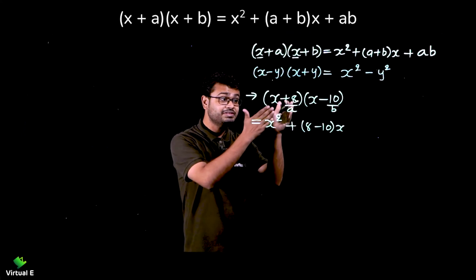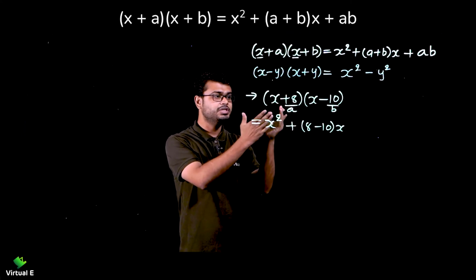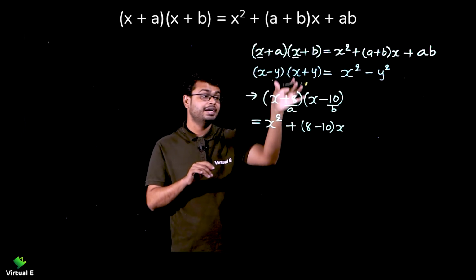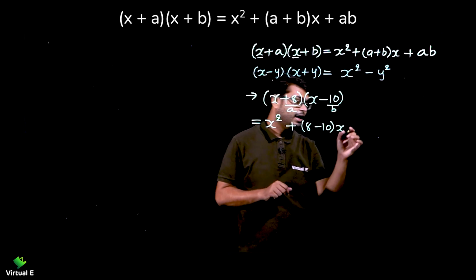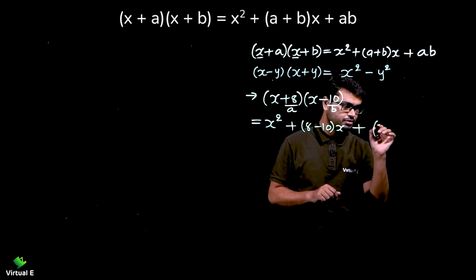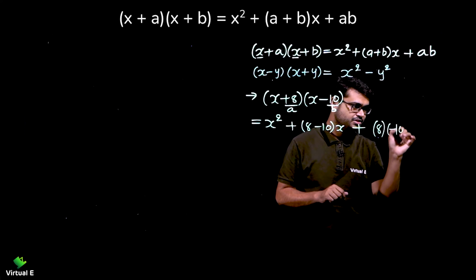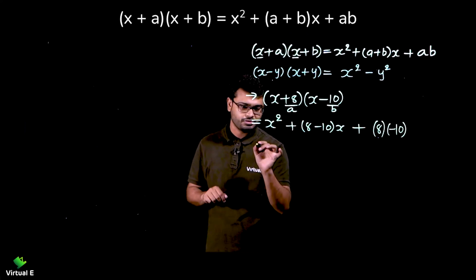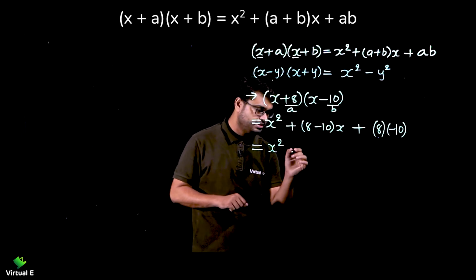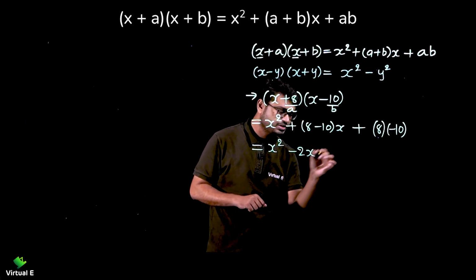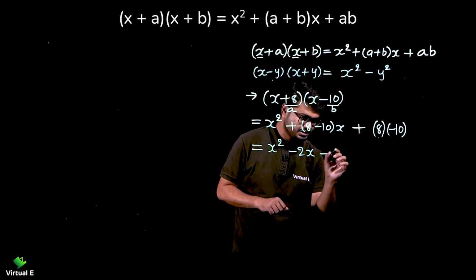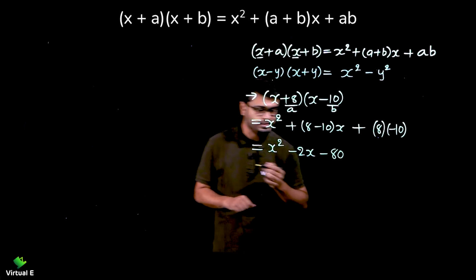If positive, then no need to bother about it, but negative is the unique thing over here. And finally, we are supposed to multiply those two numbers, so 8 and here minus 10. Done? So here it is x square, here 8 minus 10, that's minus 2x. And finally here 8 tens are 80 and minus is there, so minus 80 it is.